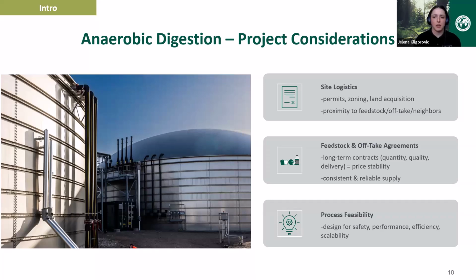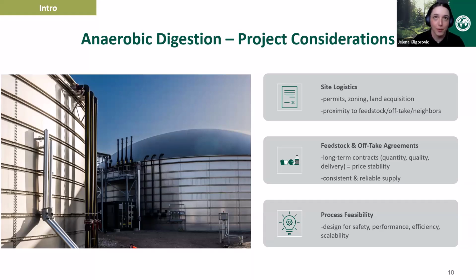It's important to obtain long-term contracts that outline quantity, quality, and delivery methods for inputs and outputs of the system, since this obviously very directly relates to the price stability of a project. There's also a saying that's quite common in the industry, people love to use it, but it's garbage in equals garbage out with respect to your process design.